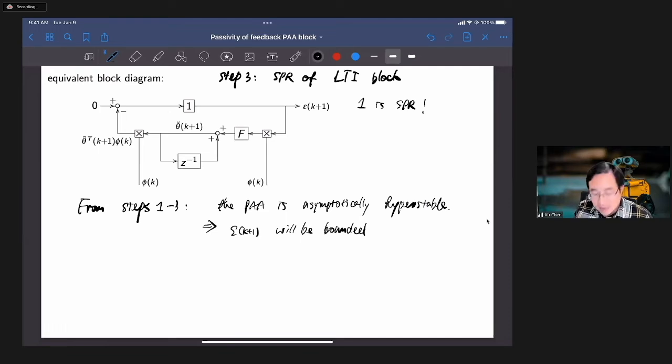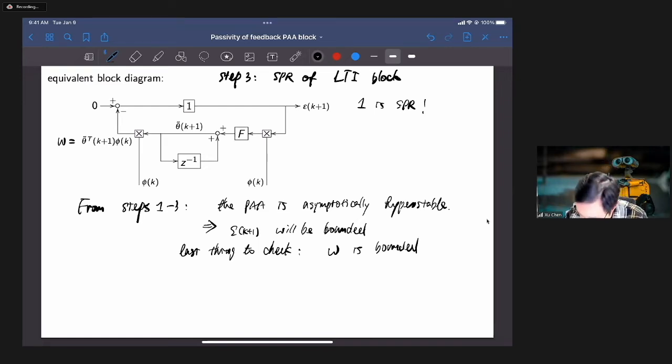All right. So the last remaining thing to check is that the W signal, this W signal here, is bounded.